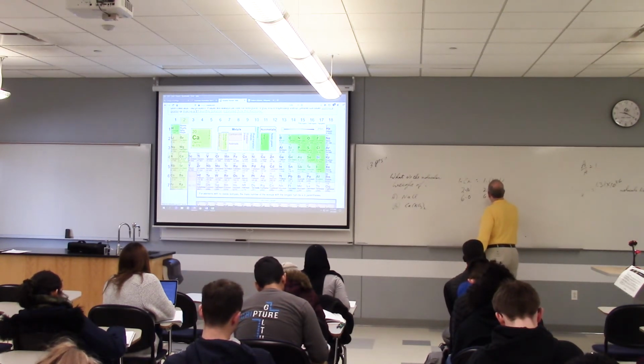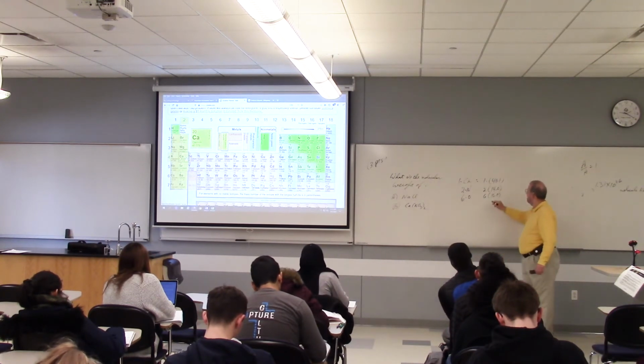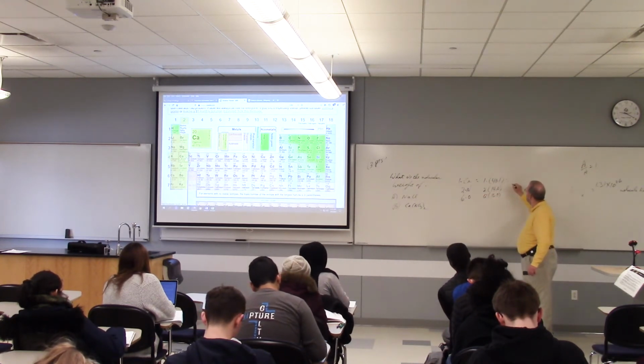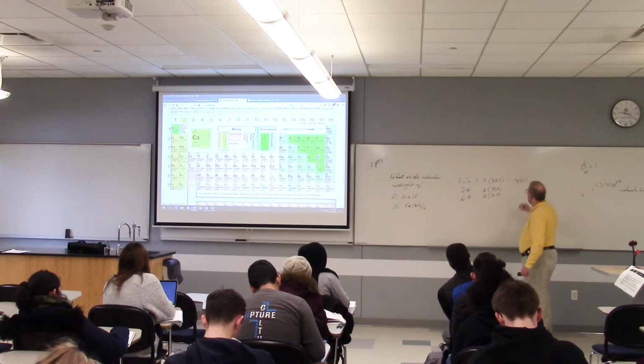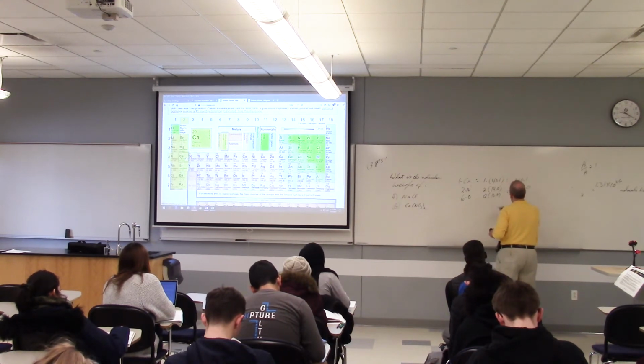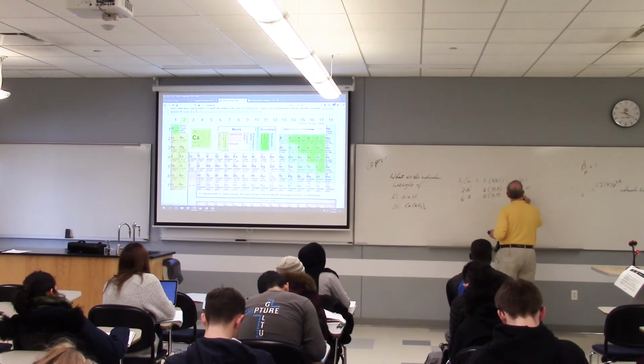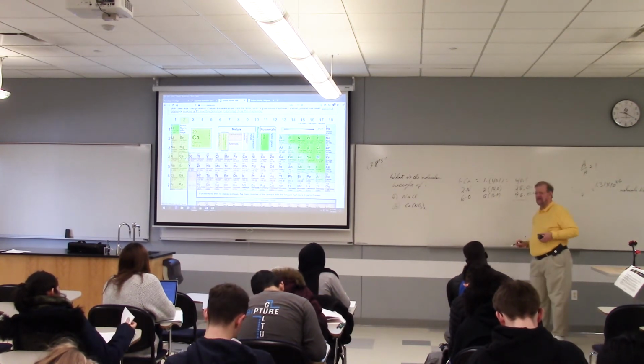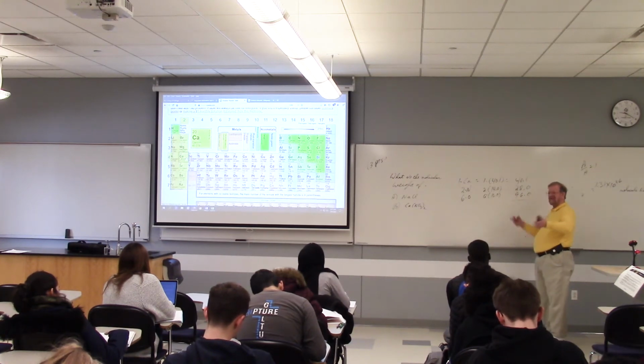Oxygen, I know by heart, because I use it a lot, is 16.0. So now we have 40.1, 28.0, and 96.0, if I did that correctly. Yep, I think I did. I see people agreeing. Thank you.